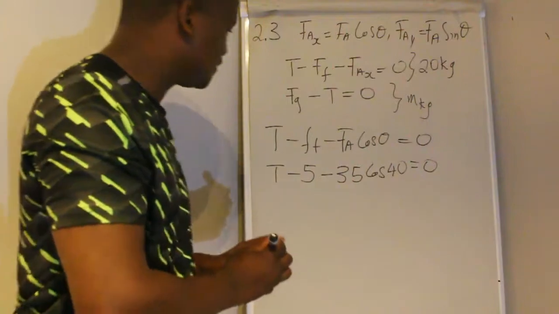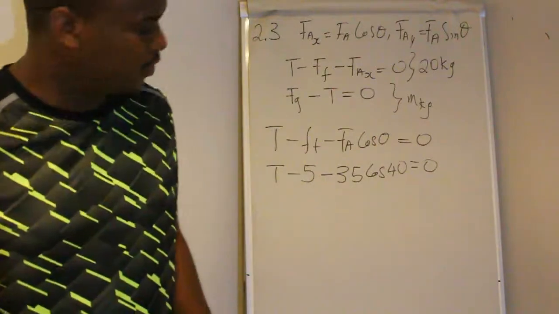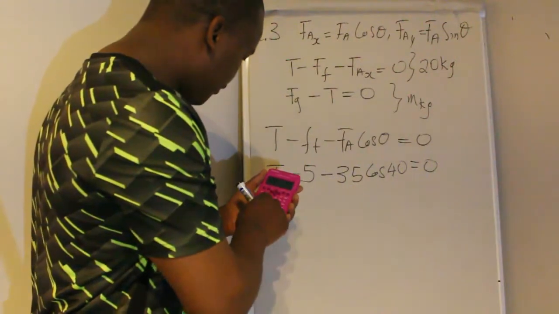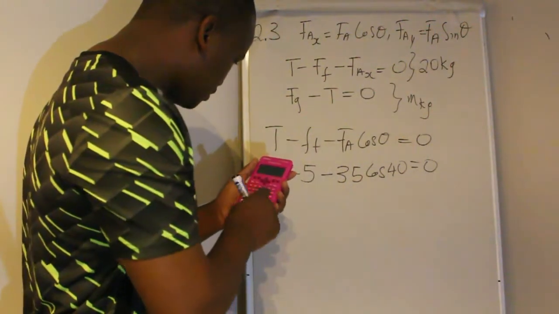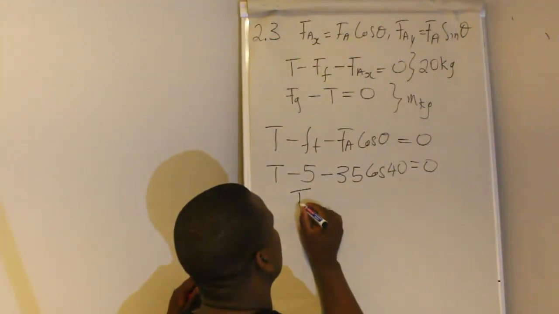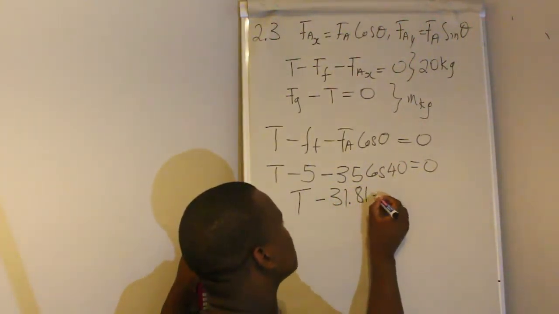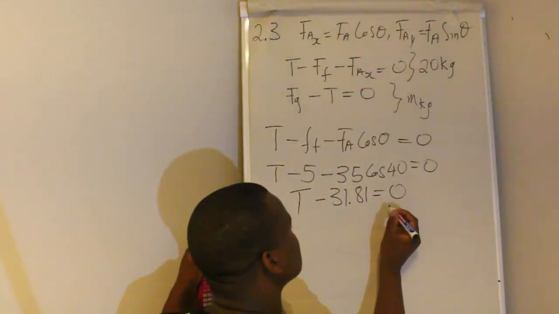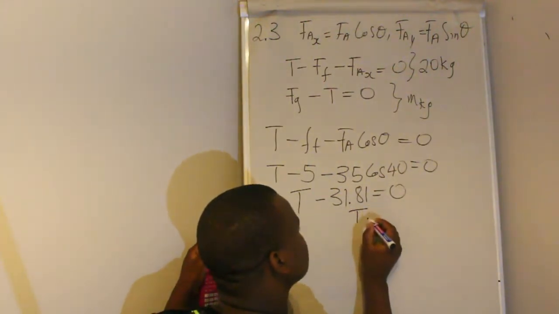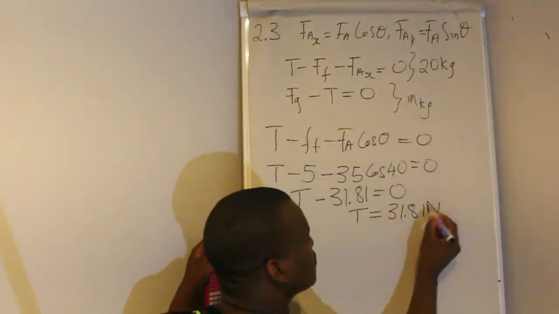From this equation, you will solve for T. So punch this on your calculator: negative 5 minus 35 cos 40. So you have T minus 31,81 is equal to 0, which means you can transpose this to the other side, so your tension is equal to 31,81 newtons. This is your tension.